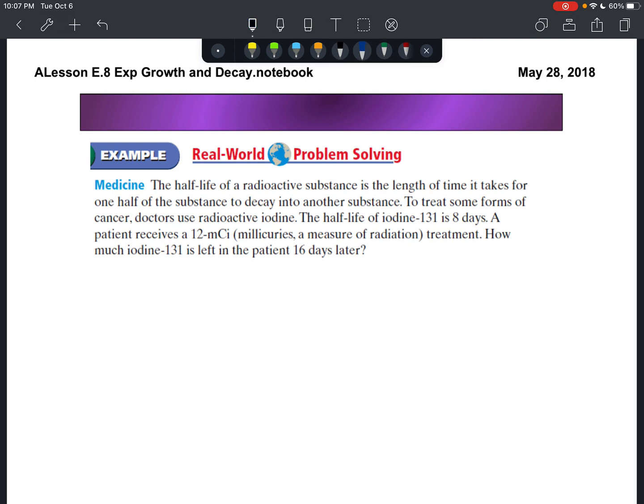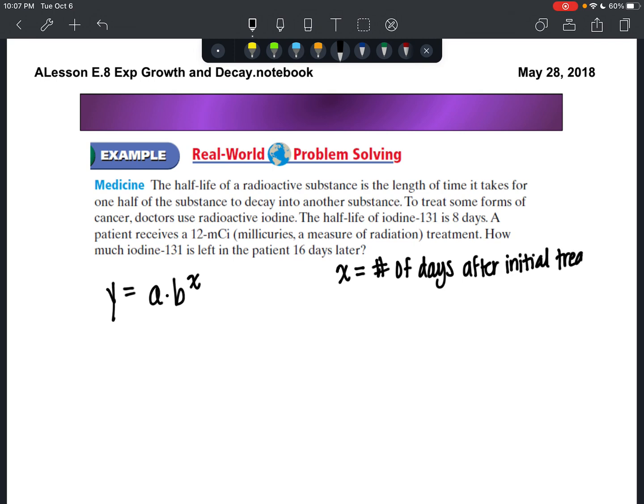So we start with y equals a times b to the x. X is going to be the number of, not years, not minutes, not hours, it's days. Number of days after the initial treatment is given, right?